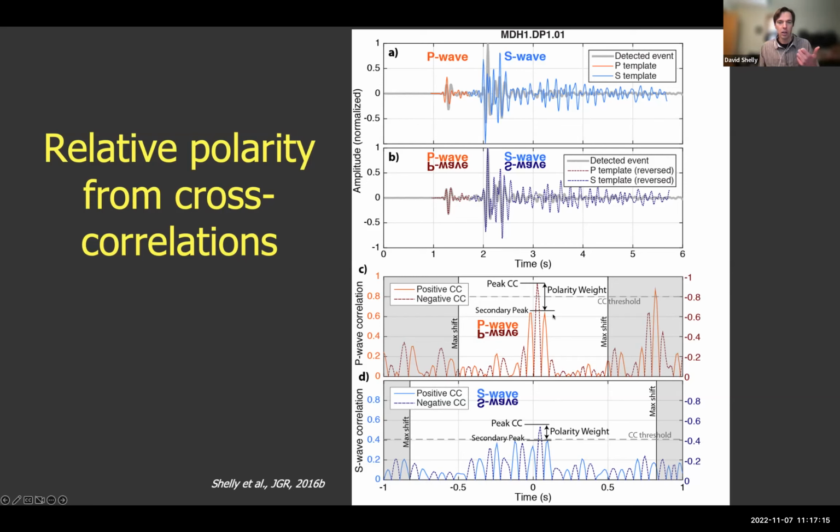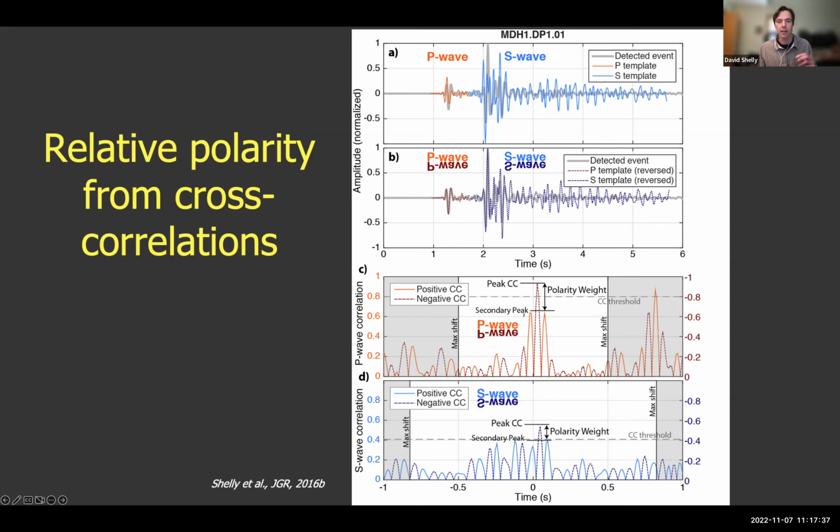We allow negative cross-correlation peaks in our overall processing for detection and for relative timing. And then we measure the sign of that peak absolute value correlation, and we compare the amplitude to the secondary peak.